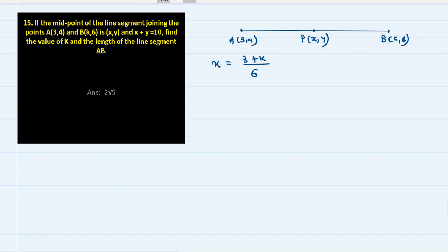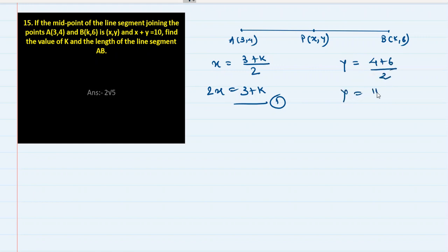I'm really sleepy, man. Midpoint formula, so 2x is equal to 3 plus K. That's equation 1. And the second equation would be y is equal to 4 plus 6 by 2. So y is equal to 10 by 2, which is 5. So y is equal to 5.